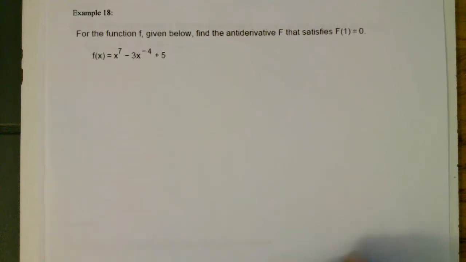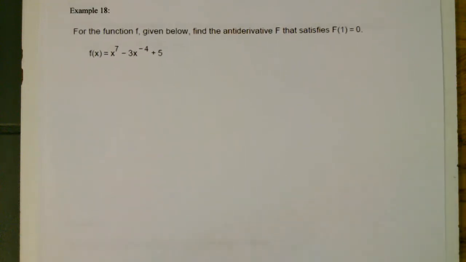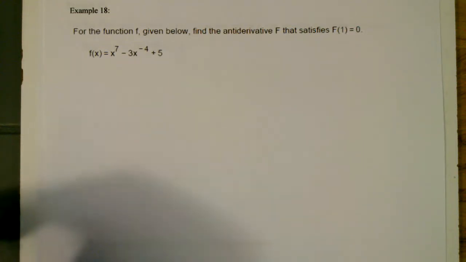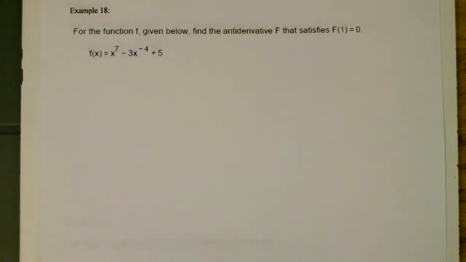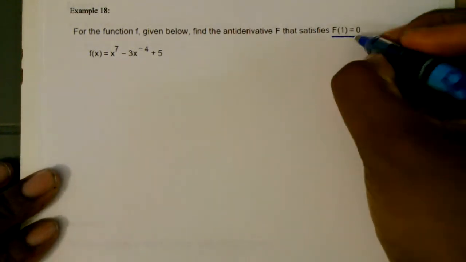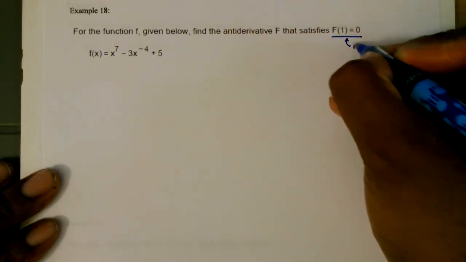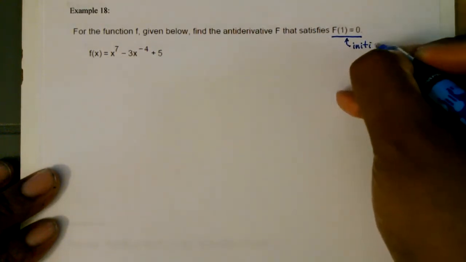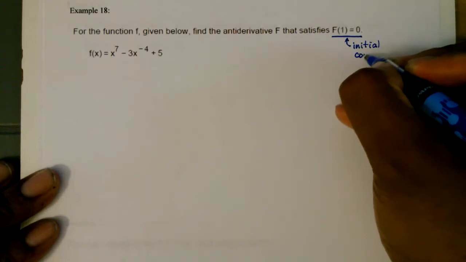Here's the example. For the function f given below, find the antiderivative, capital F, that satisfies capital F of 1 equaling 0. So as you can see in this case, we are given an initial condition. This F of 1 equaling 0, that is your initial condition.